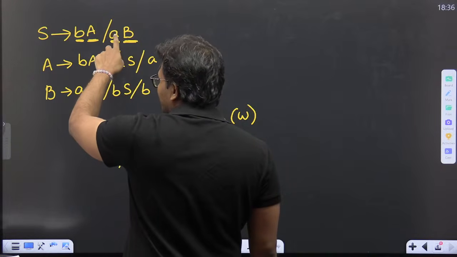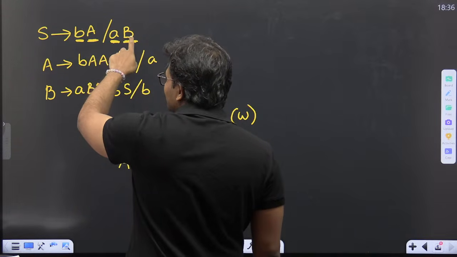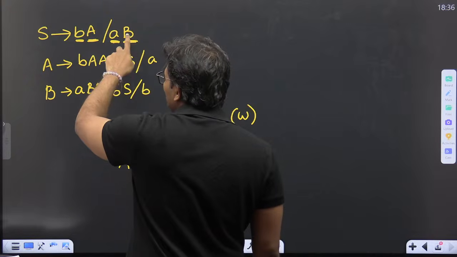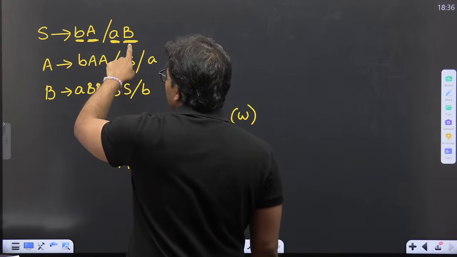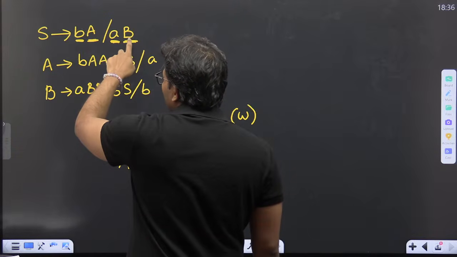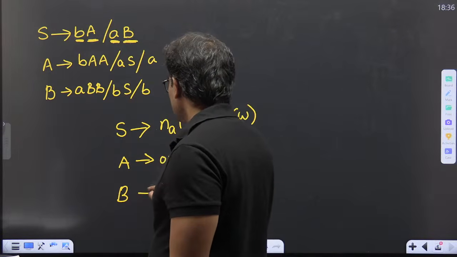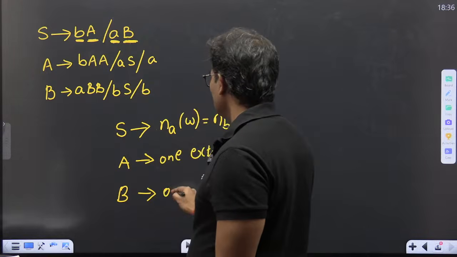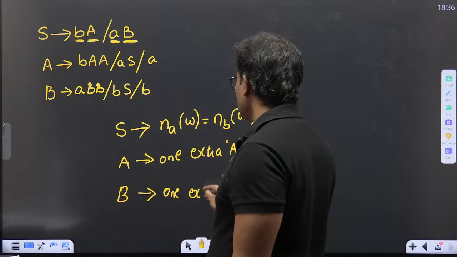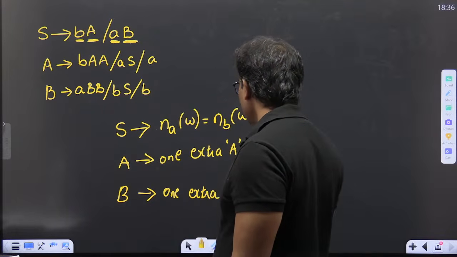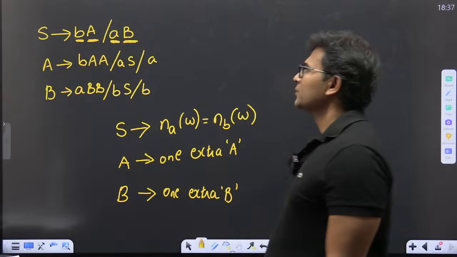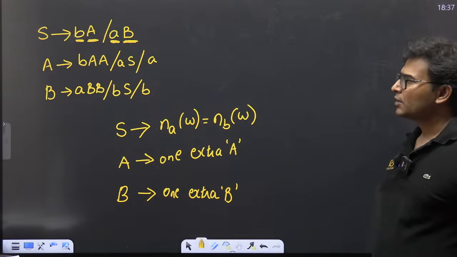Now it has generated A, therefore it is the responsibility of capital B to generate some string with one extra B, right? Therefore, what is the responsibility of B? The responsibility of B is one extra B, right?